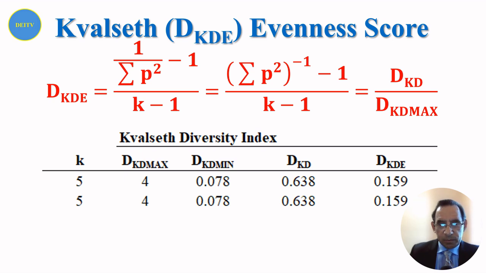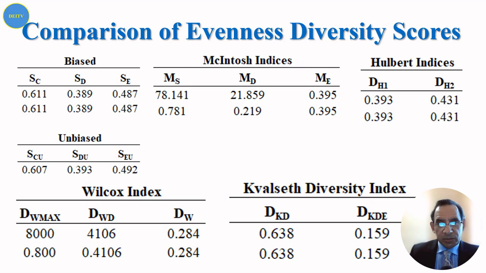Divide that by 4. That gives us the evenness score, standardized score of 0.159. And again, like all evenness scores, that indicates that 60% of the maximum score diversity was obtained by the Kvalseth index.